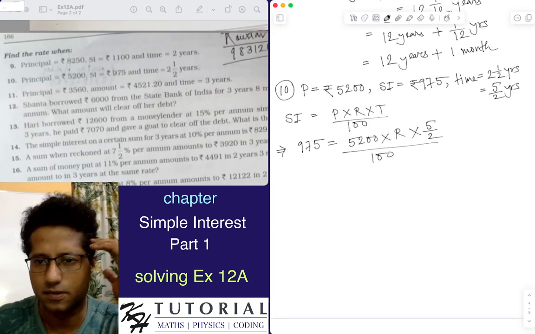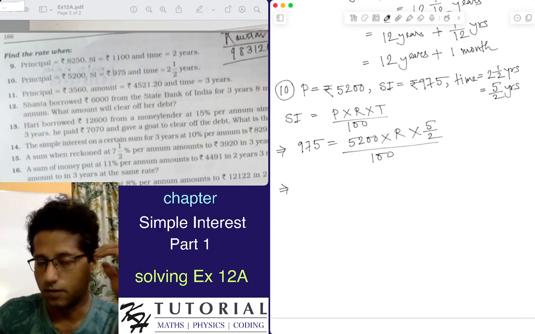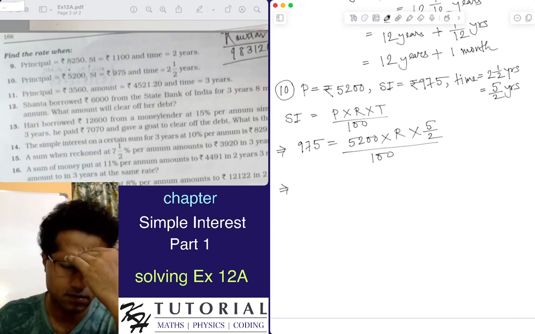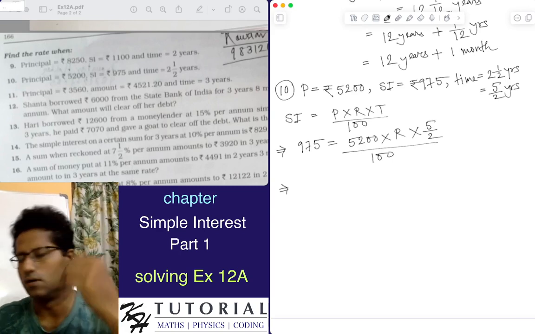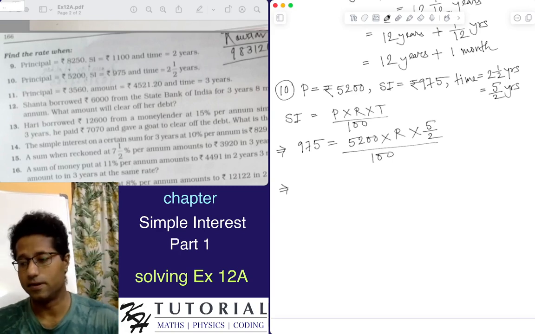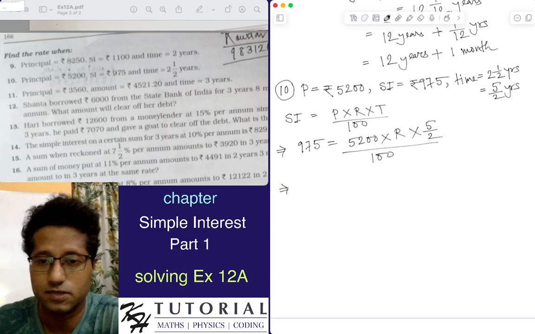Now from here, you have to be very good in cross multiplication and linear equation in one variable and all these concepts from the previous chapters.